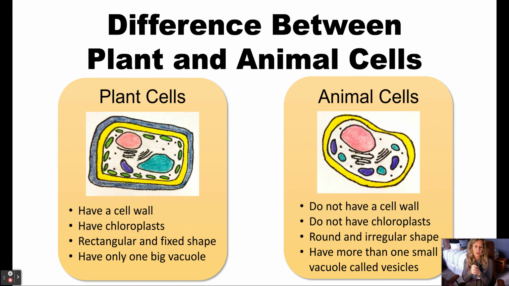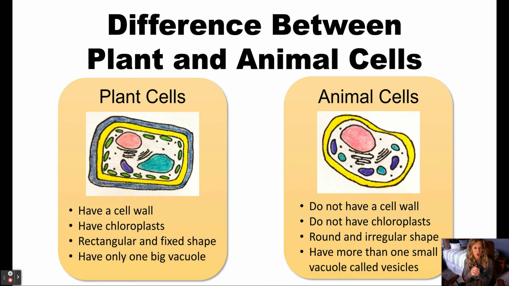On the flip side, animal cells do not have that external cell wall. They also don't have chloroplasts, so we can't get energy from the sun. But they are typically round and of an irregular shape. Once we get to look at the microscopes, if we're able to look at some animal cells, you'll notice that depending on whatever organ those animal cells came from, they have different shapes.